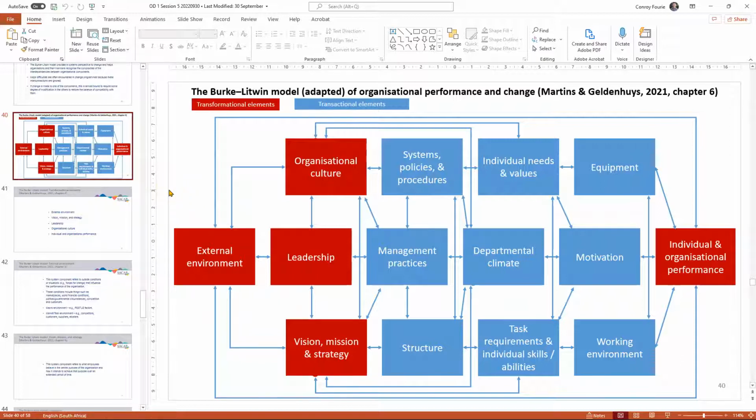there are some of them described in a reading for that chapter, but the Burke-Litwin model, adapted of organizational performance and change, is an example of a diagnostic model. So a diagnostic model usually works on the basis of what are the elements and issues in an organization that determine its performance.